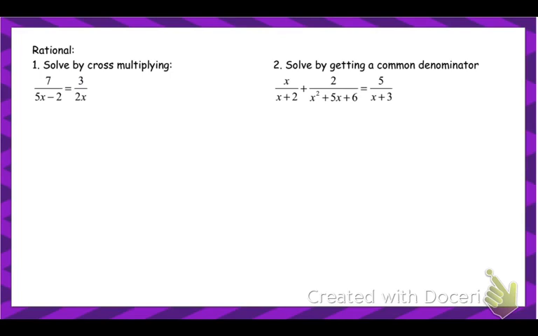All right, from there we went on to rational functions. So with rational functions, you really had two different methods you could use. Really depends on what you preferred. One option was cross multiplying. So this worked best when you had a fraction equal to a fraction. So in this case, I can multiply this diagonal.